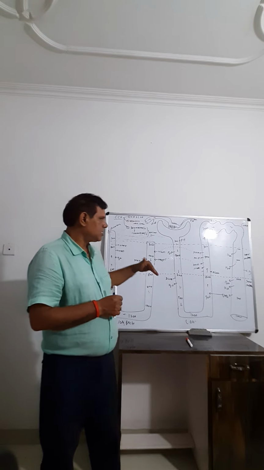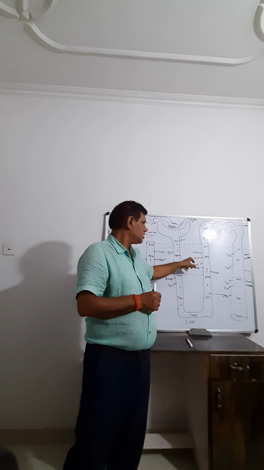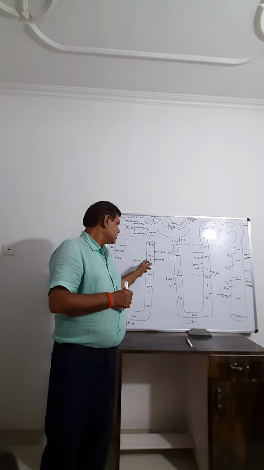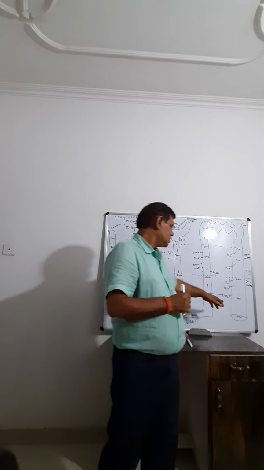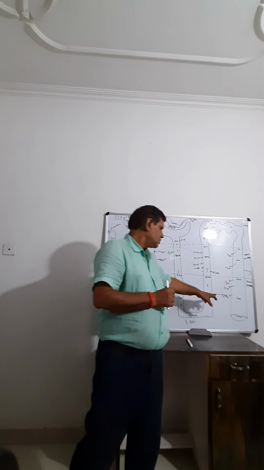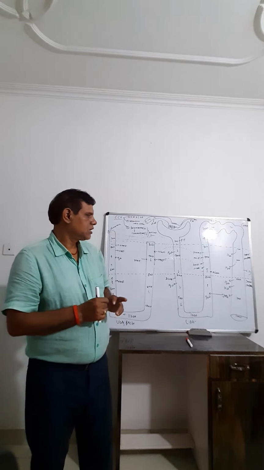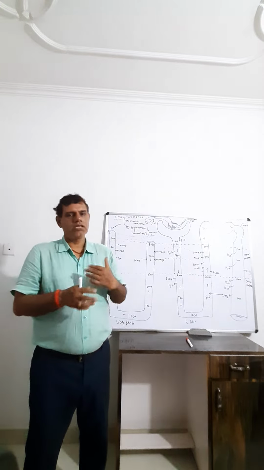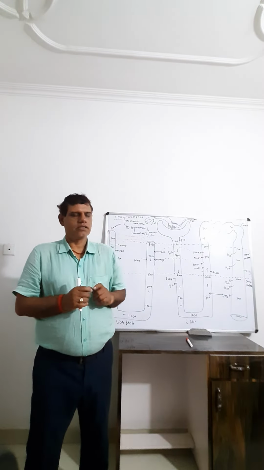The ascending loop of Henle contains NaCl, which is present in the medullary fluid and then enters the vasa recta. At the same time, urea is released from the collecting duct, and this urea enters the medullary fluid and then enters the ascending loop of Henle, and it maintains the concentration. So who is responsible for maintaining this concentration? First is urea and second is NaCl.